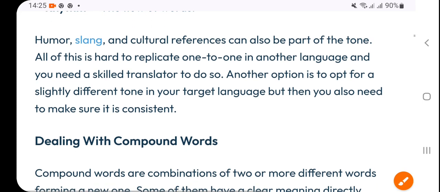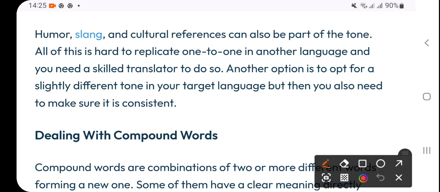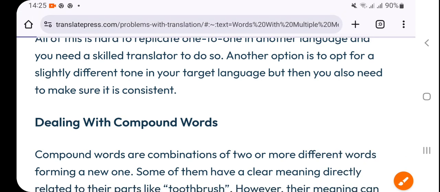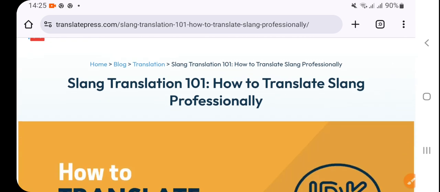Humor, slang, cultural references can also be part of tone, right? So what is tone? That's humor, sometimes slang, sometimes cultural references, right? So this is also part of it. Here I have clicked on this, why? Because you have to understand slang.